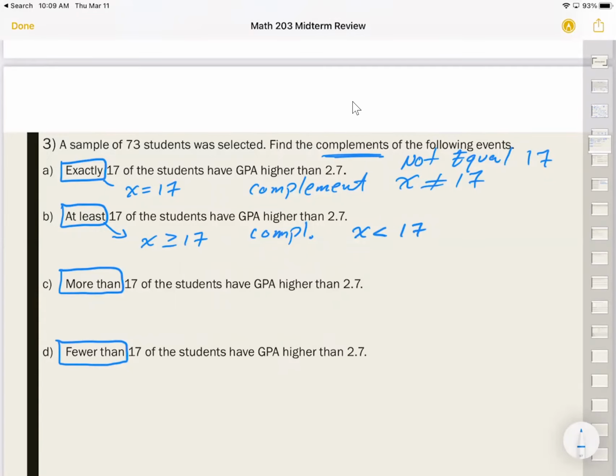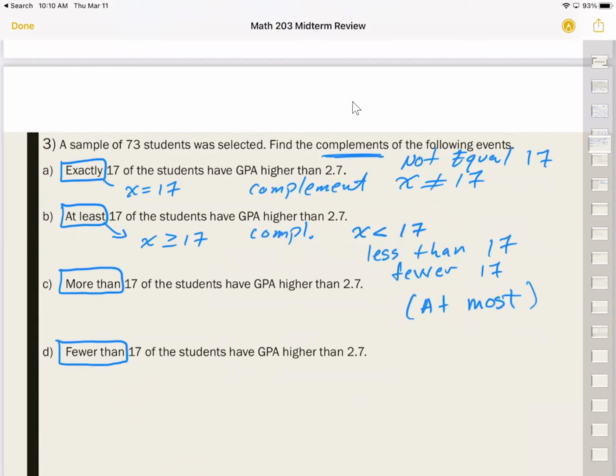And the complement of at least 17 will be less than 17, or fewer than 17. Or the other one, which I did not mention, is at most.